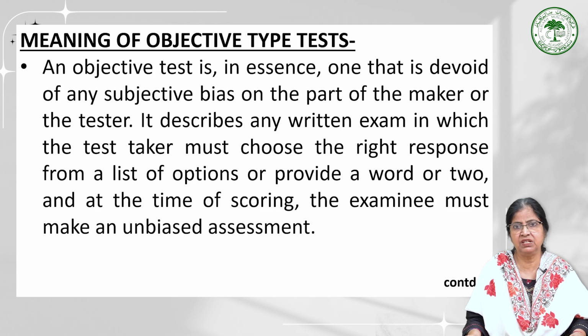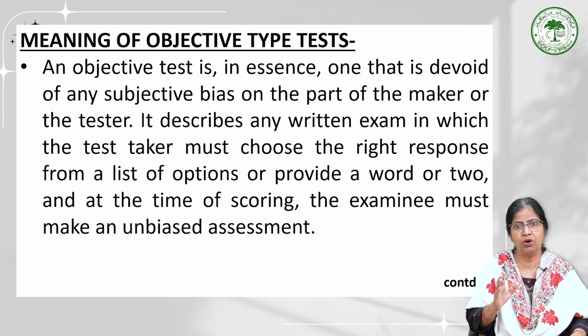You have to put the tick, or put some other sign against the correct alternative. So, objective type test items are those that give the instruction to the examinee that you have to select the correct option, because the correct option is one for any question.